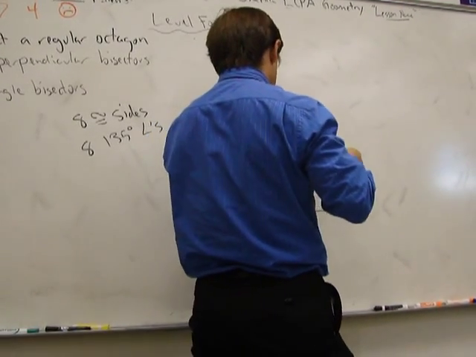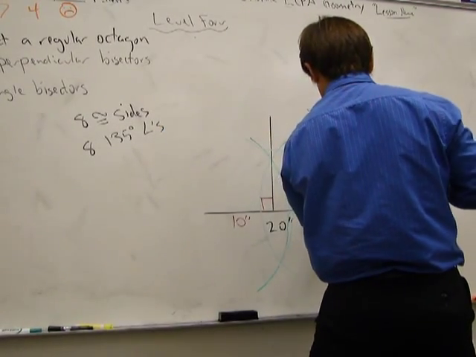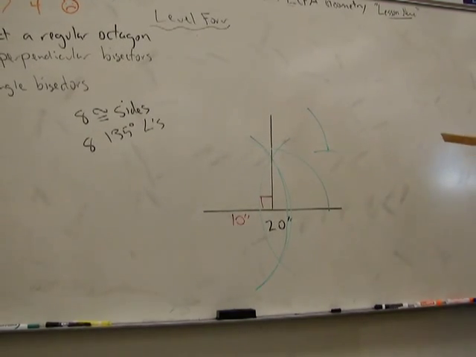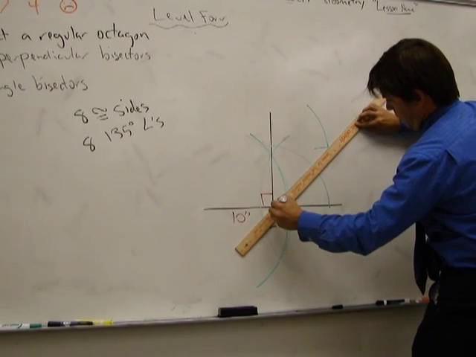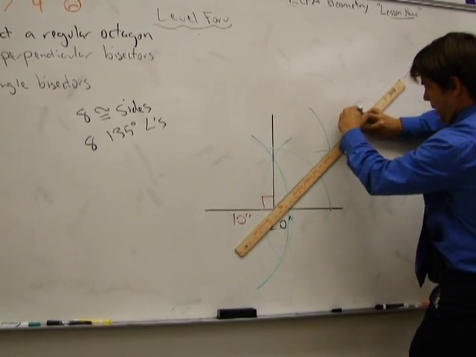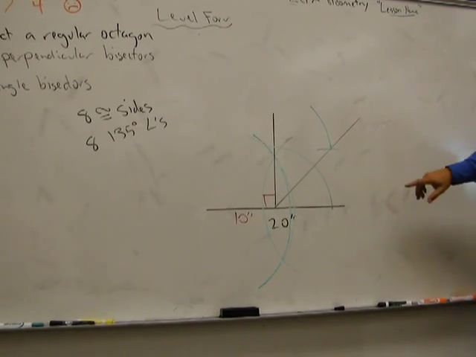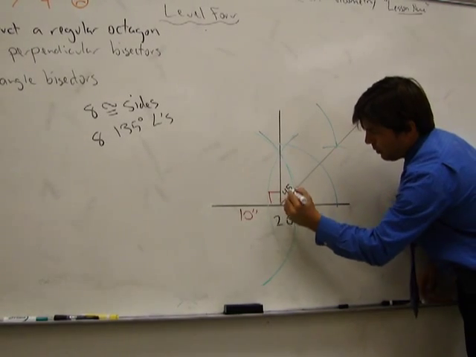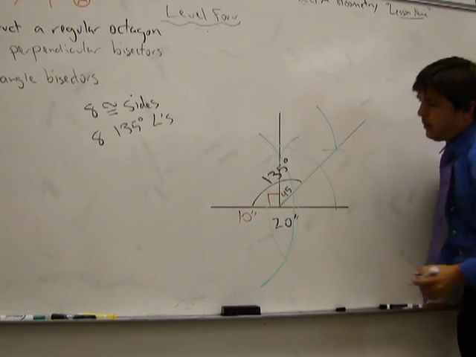So my angle bisector works like this. And when I come in this direction, what I have here is a 45-degree angle, which means I've got my first 135-degree angle.